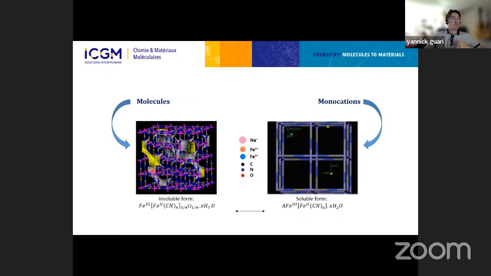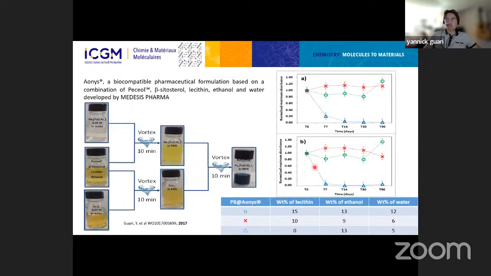It is noteworthy that even if we can favor one or the other of these extreme cases, most of the time, the Prussian blue or its analogues nanoparticles that we are handling are in an in-between situation with both regular lacunas and monocations.